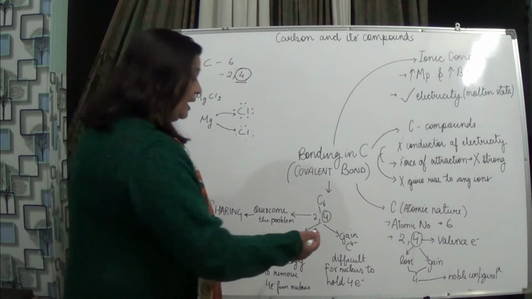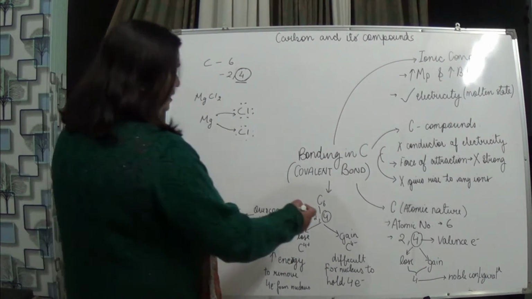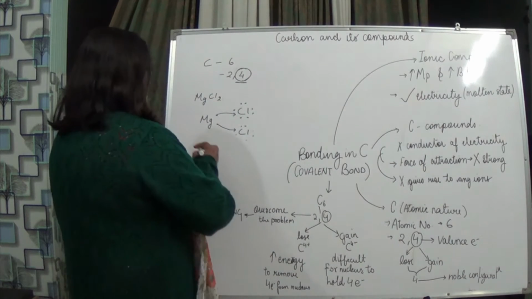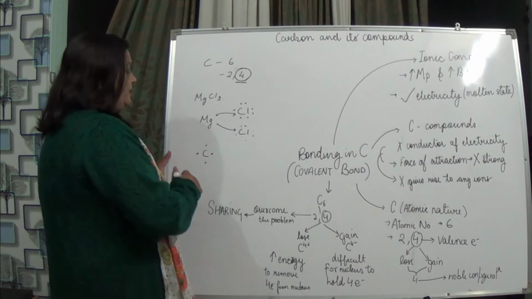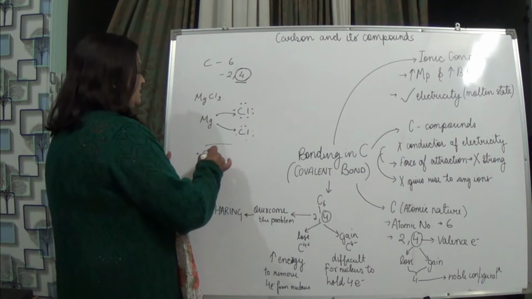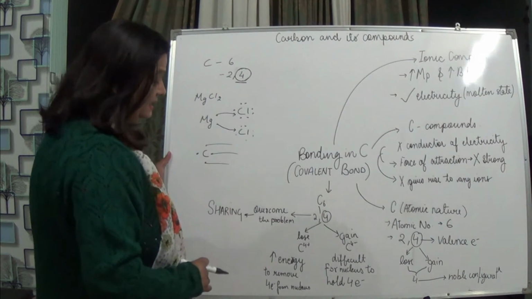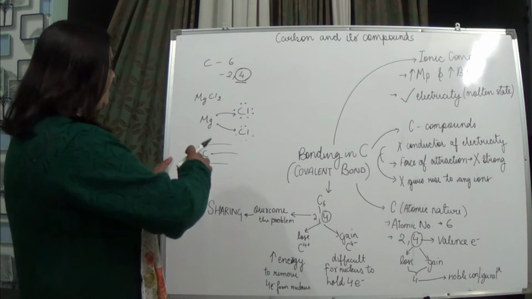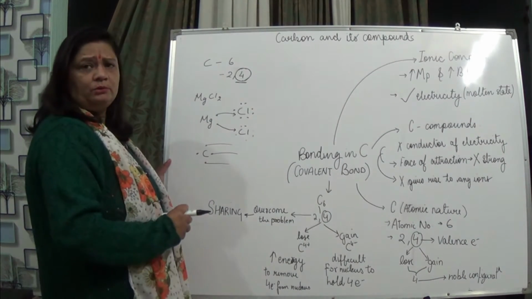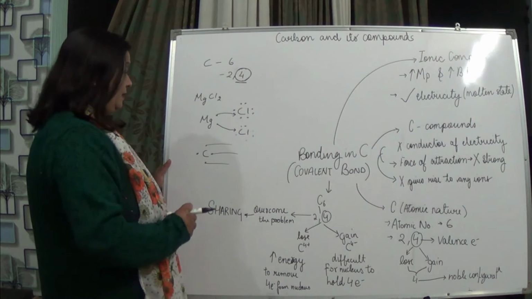But can this happen? Suppose it is losing electrons, this carbon having 4 electrons in the valence shell. It means transfer of electrons is taking place. Can it take place? No. Why? Because the energy to remove these electrons will be more, isn't it?